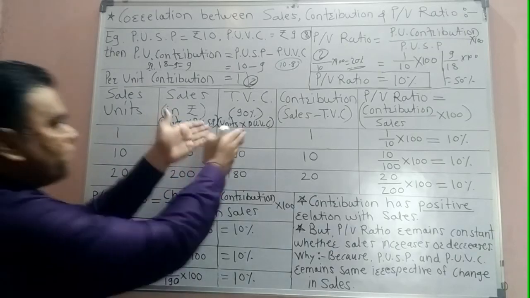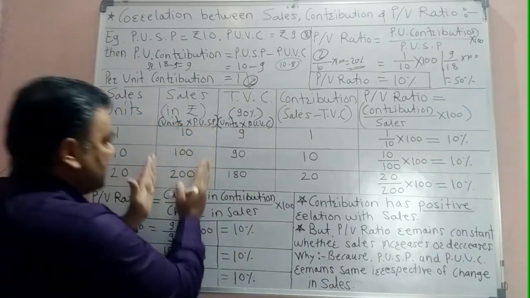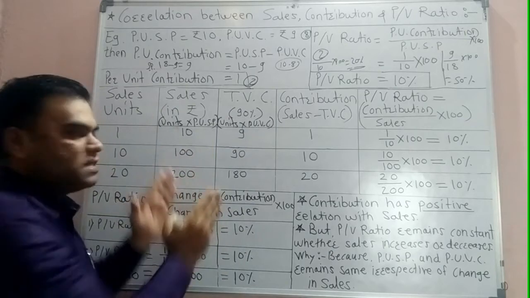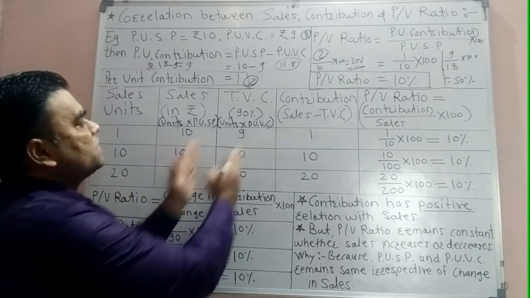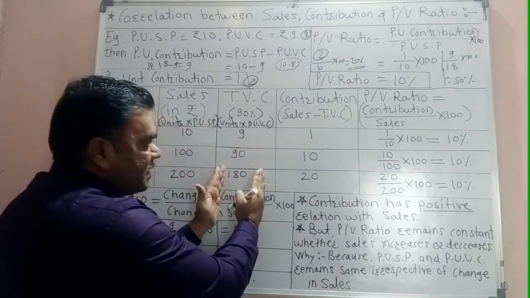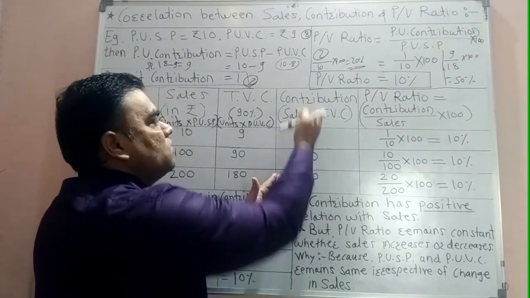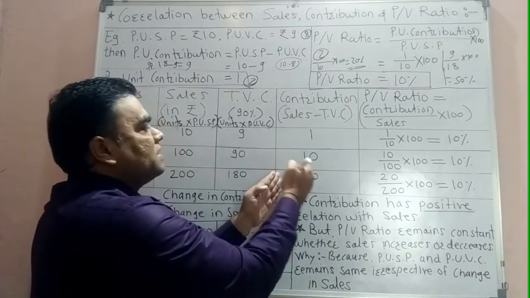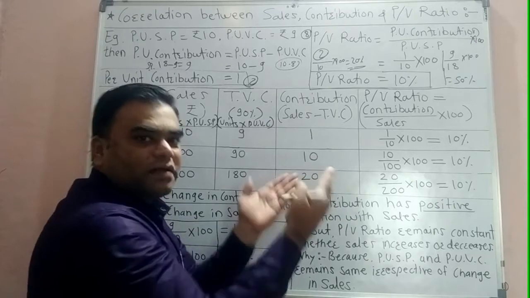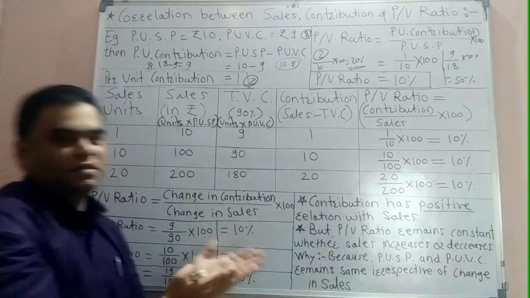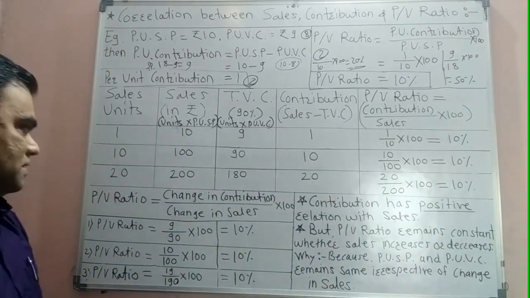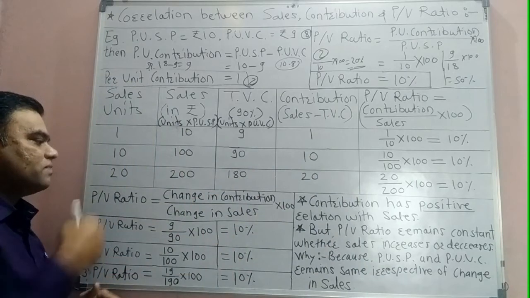So this difference: if sales is 100%, less variable cost 90%, the remaining 10% is contribution. So whatever change you make, that change will also be 10% of sales. That's why this formula is this way.